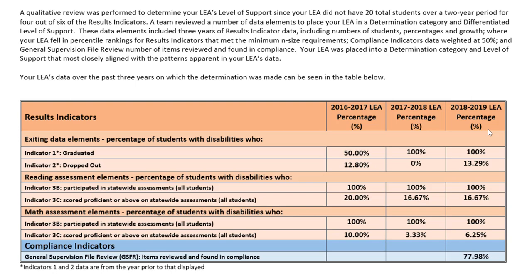So say your LEA did have enough students that took the ISAT. They had over 20 students in those 2 years worth of data, then that data point was ranked amongst all LEAs, and the percentile ranking was looked at in relation to that indicator.